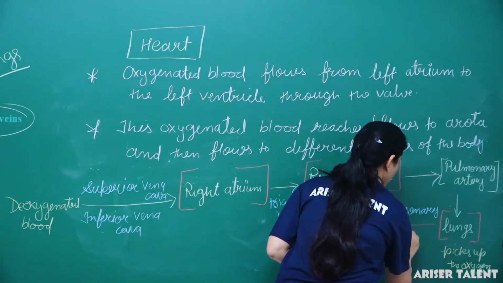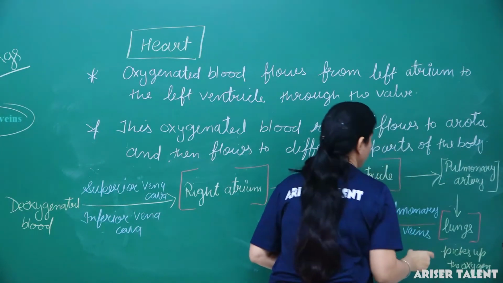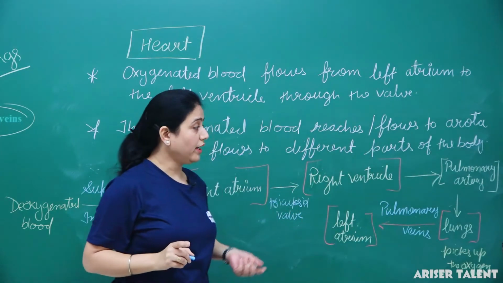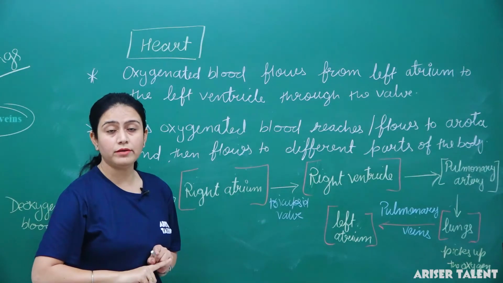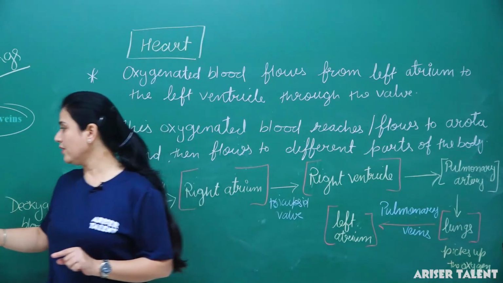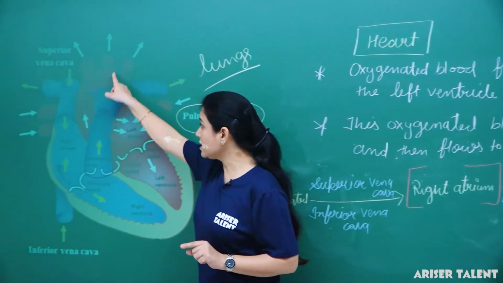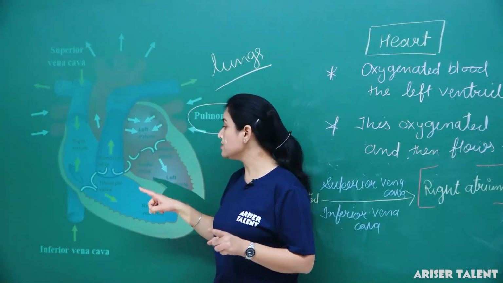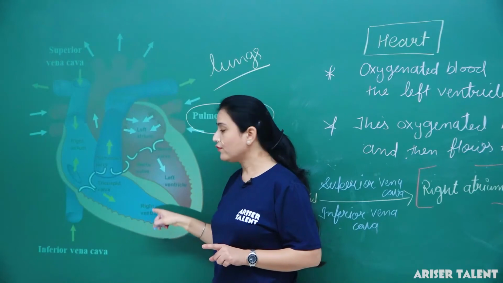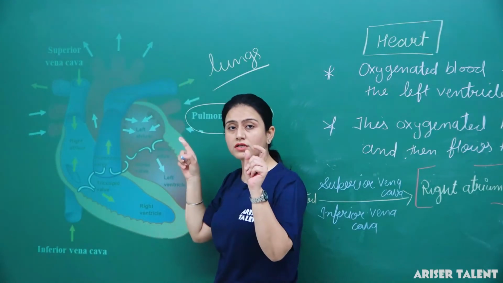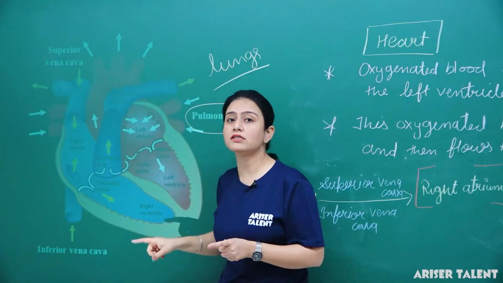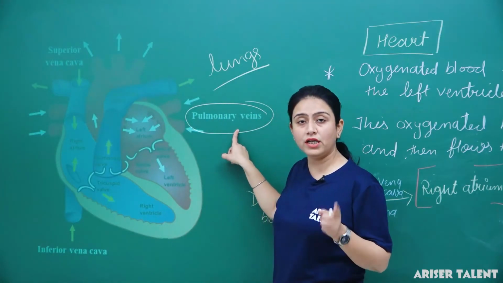The point to be noted here is that the pulmonary artery carries the deoxygenated blood from the right ventricle to the lungs, and oxygenated blood from the lungs is carried by the pulmonary veins.